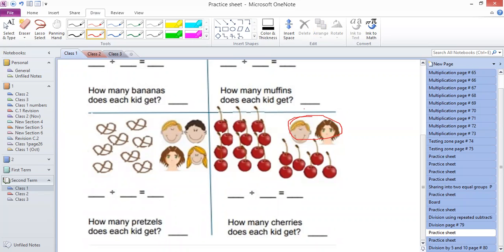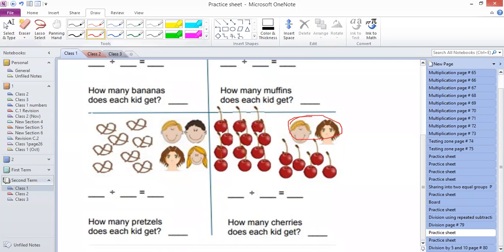3. How many total cherries are there? First count them. Count the number of cherries. 1, 2, 3, 4, 5, 6, 7, 8, 9, 10, 11, 12. No, there are no 12 cherries.